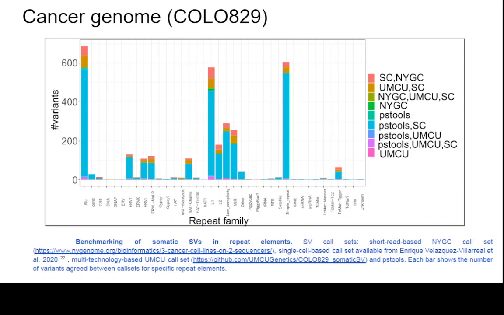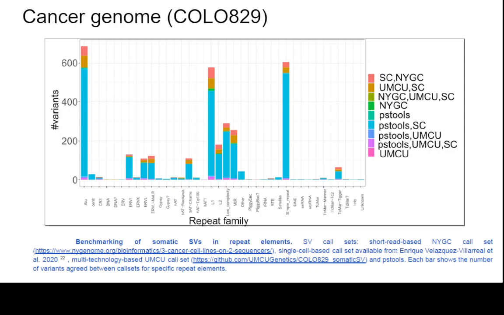There is one somatic variant call set from the New York Genome Center that was produced using short reads, then there is one from the Netherlands, and there is single cell based sequencing from the USC group, and then we performed this all versus all, essentially a 4-way handshake.